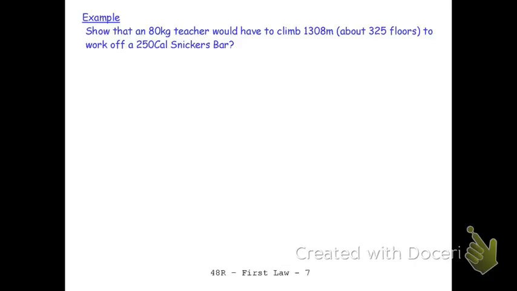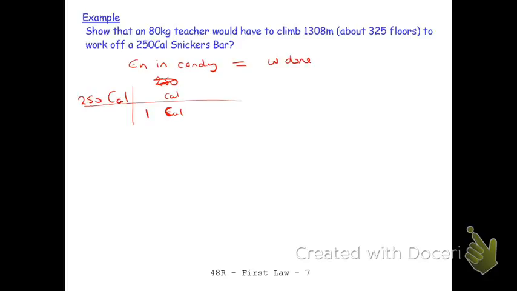We're saying the energy in the candy is equal to the work done. The energy in the candy is 250 food calories. I want little calories, so put the big calories underneath and the little calories on top, and one big calorie is 1,000 little calories.